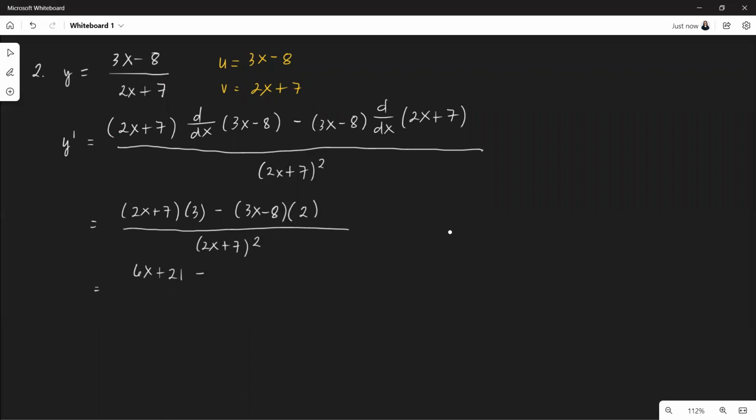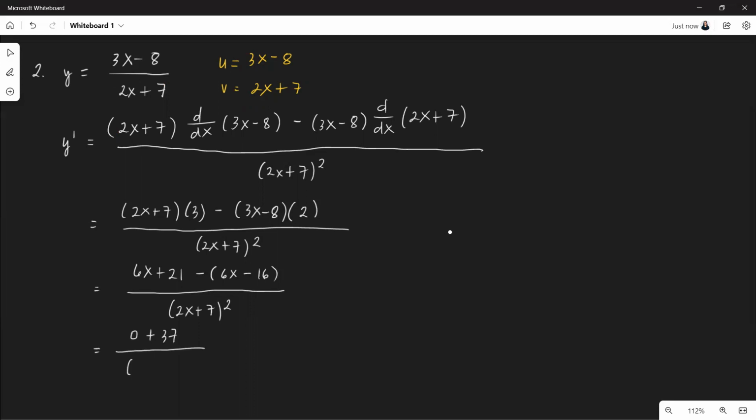It should be 2 times 3x minus 8, so we put a negative and an open parenthesis so that we won't be confused with the signs. So perform subtraction: 6x minus 6x is 0, and then 21 minus negative 16, so that's 21 plus 16, or 37.